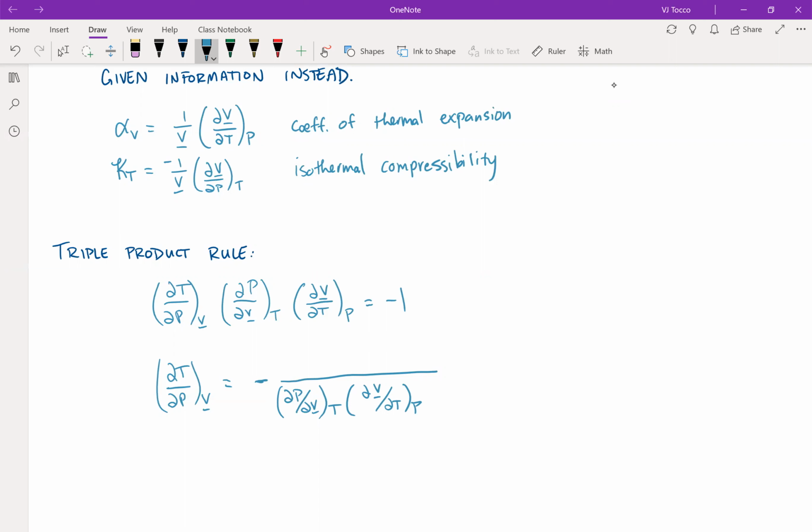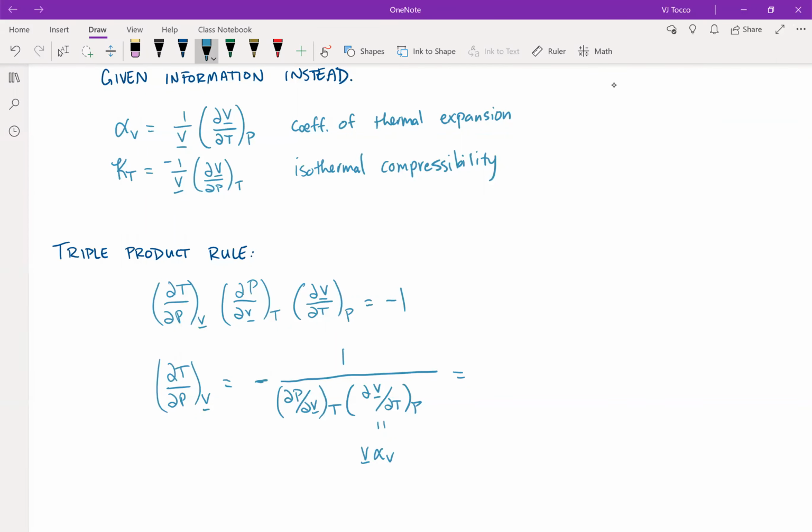Notice that dV/dT at constant P, we can rewrite as the coefficient of thermal expansion times the specific volume. So this is equal to V times alpha. And then we can use the reciprocal rule to get this other term, dP/dV at constant T, up to the top and also flipped.